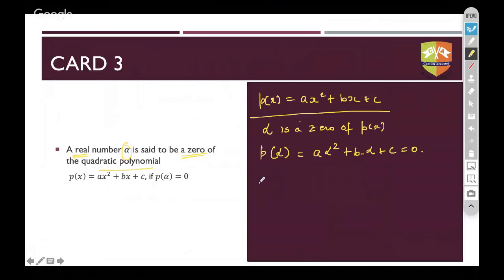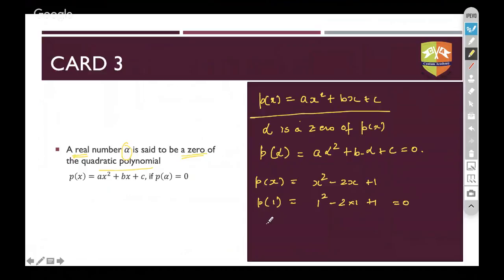So let's take an example. If p(x) is, let's say, x square minus 2x plus 1. If you see p of 1, that means if I plug in 1 in place of x, I will get 1 square minus 2 times 1 plus 1, which is 0.